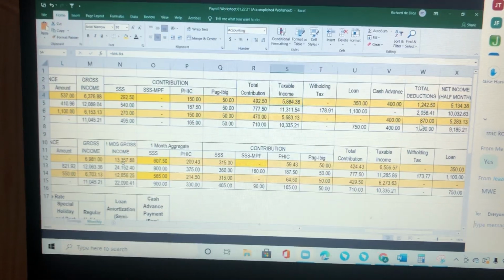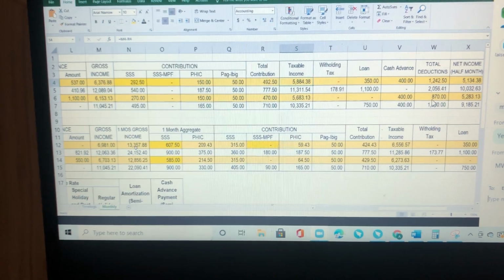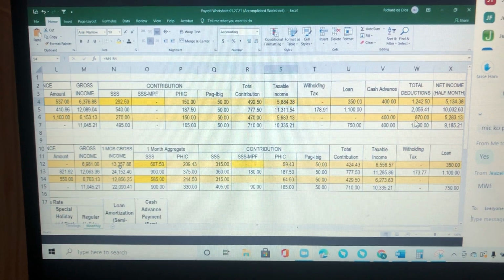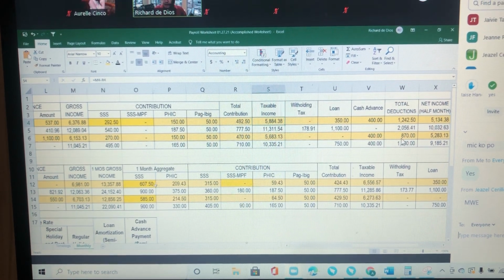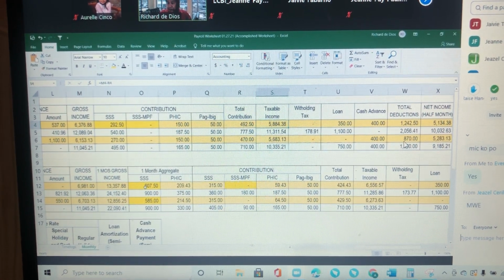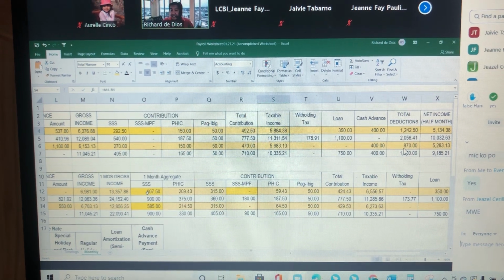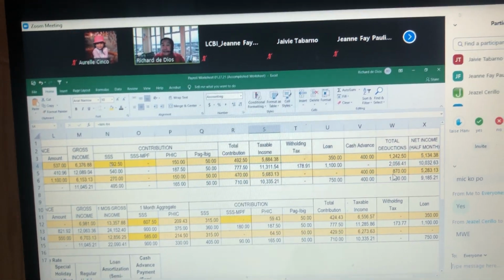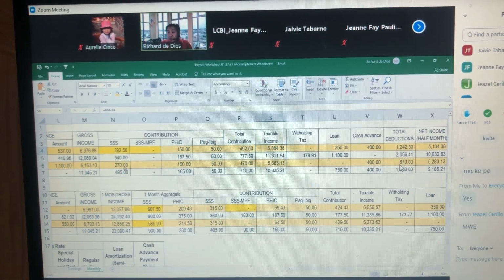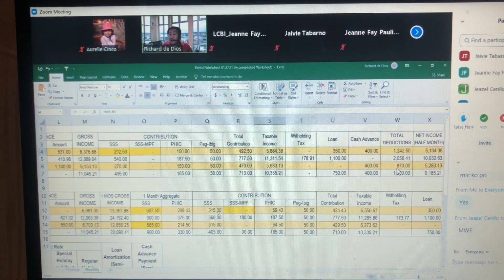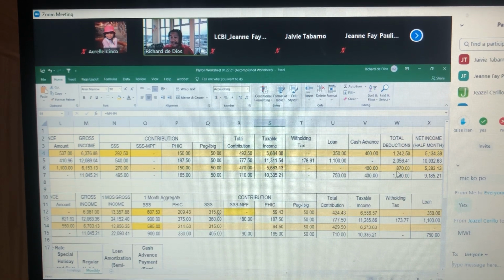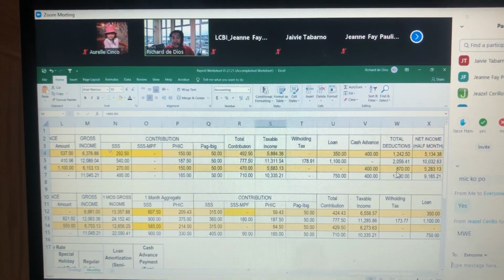Okay? And if you get 13,500 sa SSS table for employee, okay, whatever the value is, ang value po niyan is 607.50. Okay? Kaya lang, since nakapag-deduct na po kayo ng 292.5 the first half of the month, subtract nyo lang. So, ang matitira 315. Okay, 315. And so on.